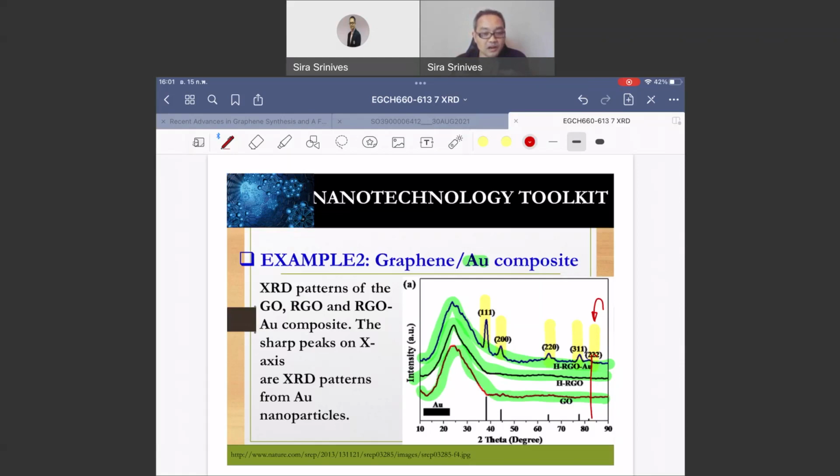But if you want to be very, very precise, what you need to do is determine the ratio of each and every phase in the sample, or normalize it somehow. This is the amount of the 111 plane, this is the amount of the 200 plane, the amount of the 220 plane, 311 plane, and 222 plane respectively, and compare one with the other.